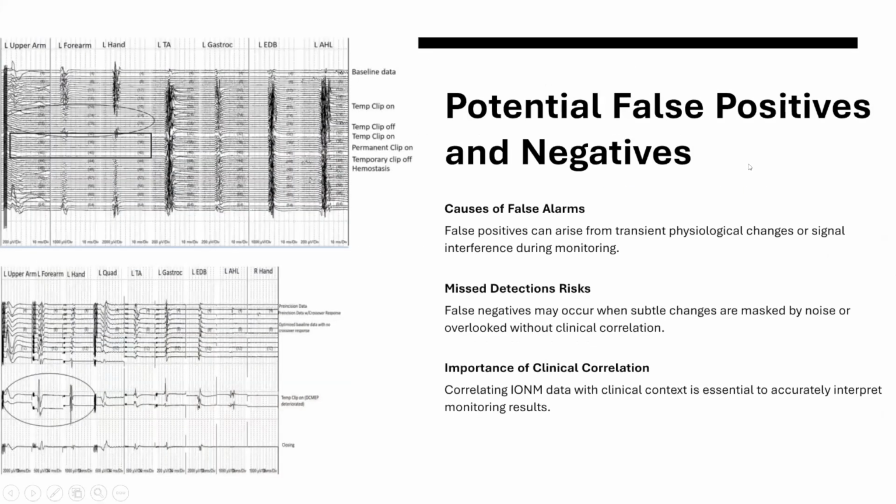So there are potential false positives and false negatives that can occur. False positives arise for multiple reasons. More often than not, motor evoked potentials are more sensitive to false positives. The reason is that there's a lot more involved in creating a motor evoked potential than just direct corticospinal neurons. There are other inputs from the extrapyramidal system, from other descending pathways that create volitional movement.